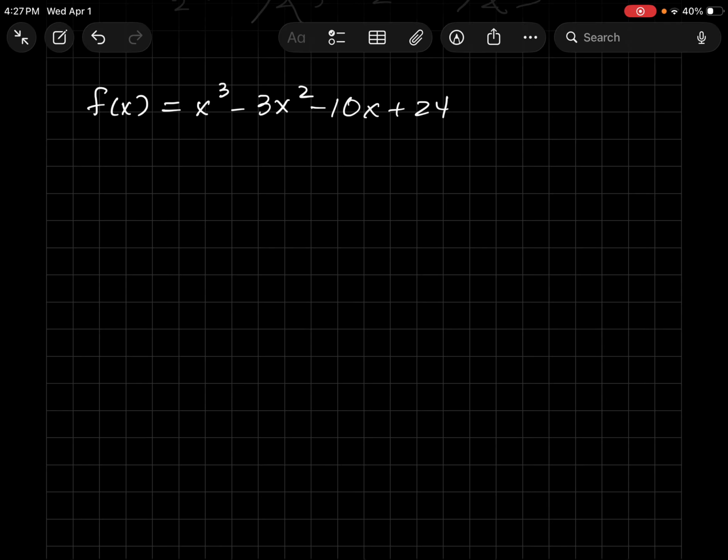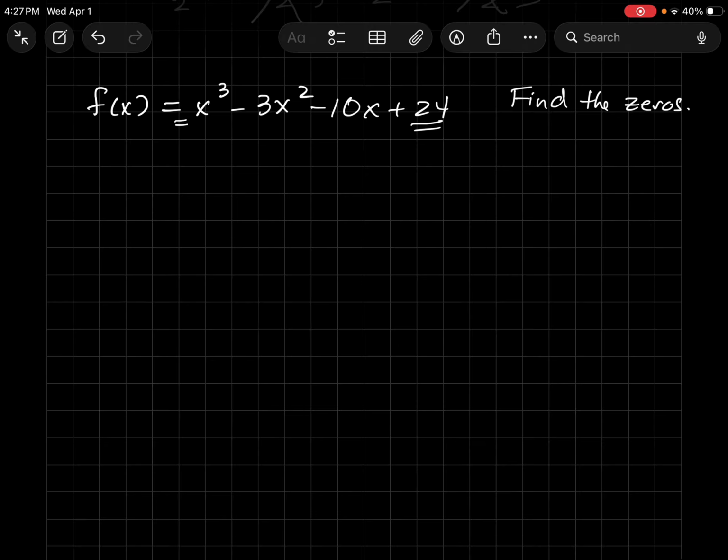And I want to find the zeros. Not the possible zeros. I want to find the zeros of this function. Now I am going to start by listing the possible rational zeros. So my constant term is 24. My leading coefficient is 1.